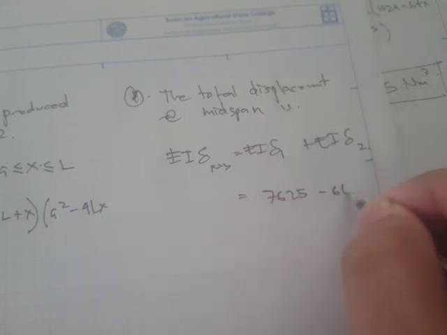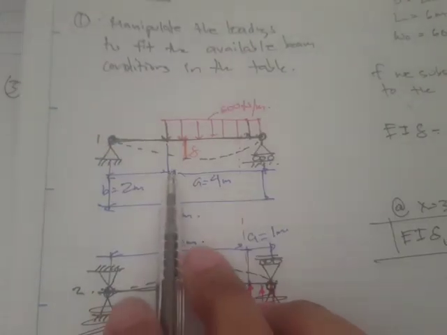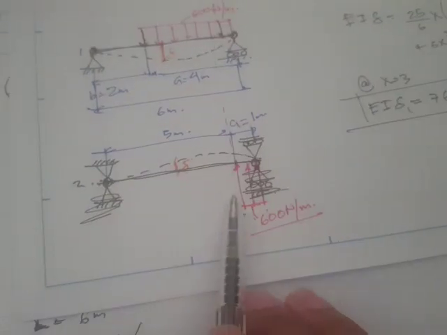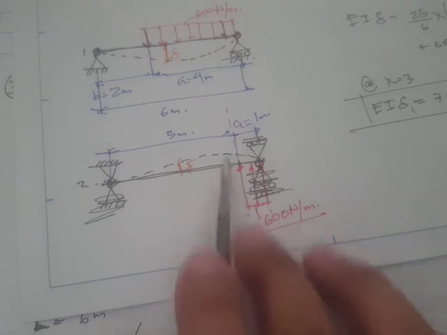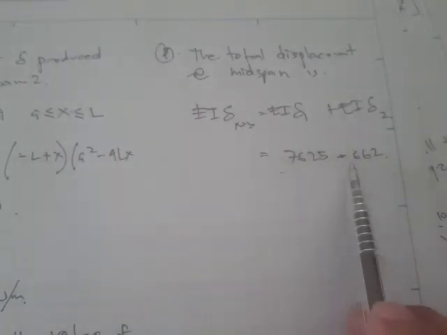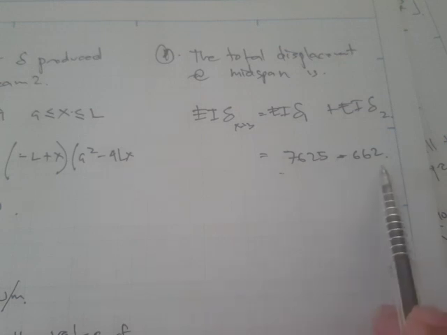7625 minus 662. Okay, so why is it minus? It's simply because the deflection produced by this is downward, whereas the deflection produced by this one is upward. Okay, so they have different directions, and therefore this is an algebraic sum.